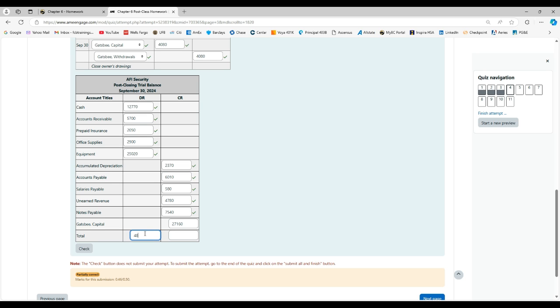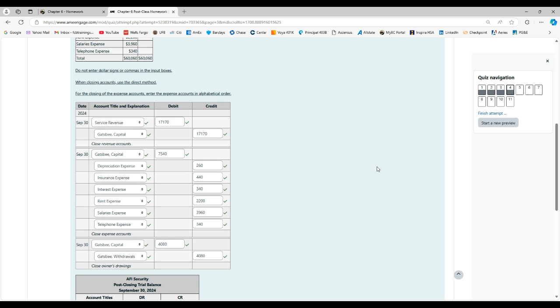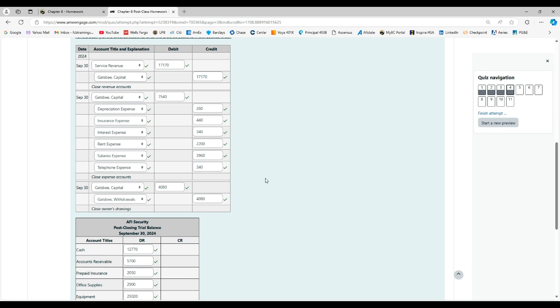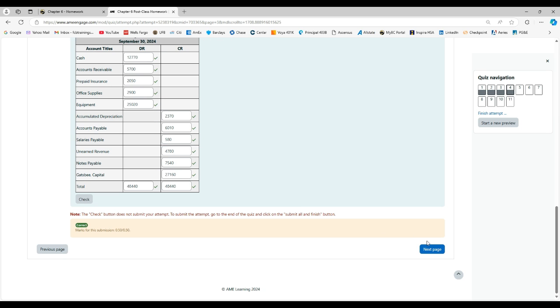I got 48,440. Let's check ourselves. Sweet, we got 100%. Okay, so again, just to highlight the difference between the income summary method and the direct method: we don't use the income summary when we're doing the direct method. We just go directly to capital with all these closing entries.